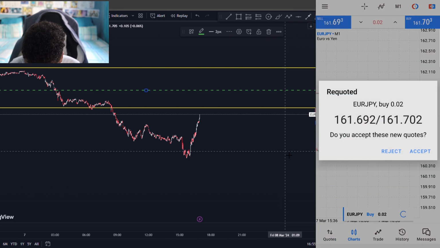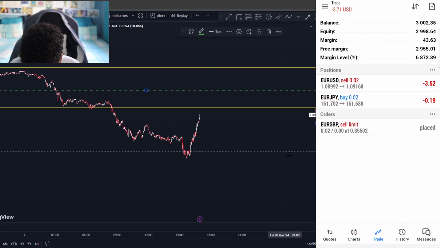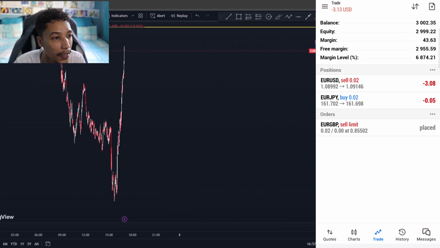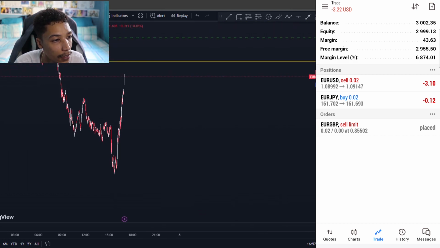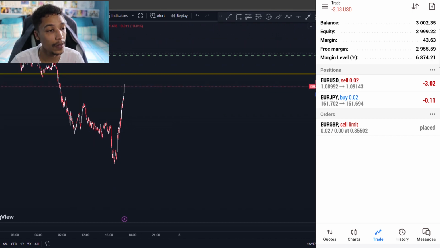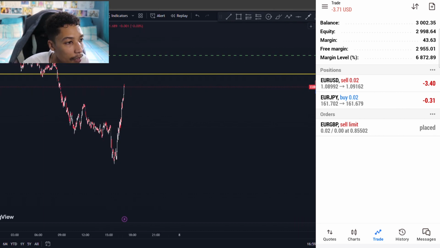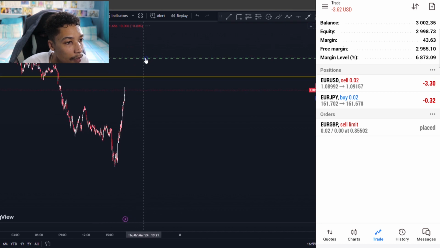Jump into the buy. And we have a buy in here. You know what? I think I would take $1 profit. Let's adjust. I'll take profit here.